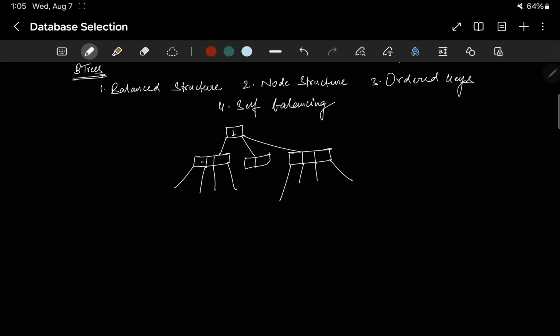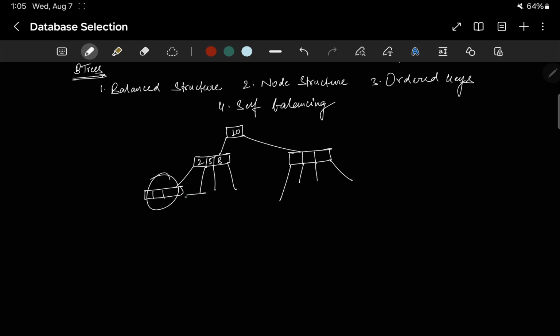So let's say this can be 10. Okay, so left of 10, it has to be only 2. So left of 10 can be, let's say, 2, 5 and 8. Okay, so anything which will be a child of this 2 should be less than 2.